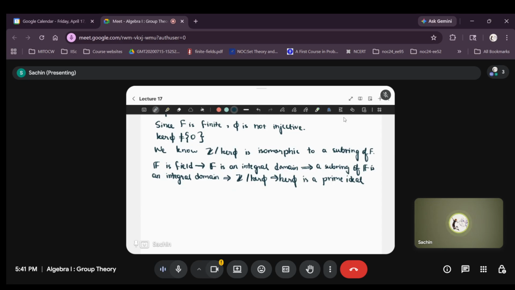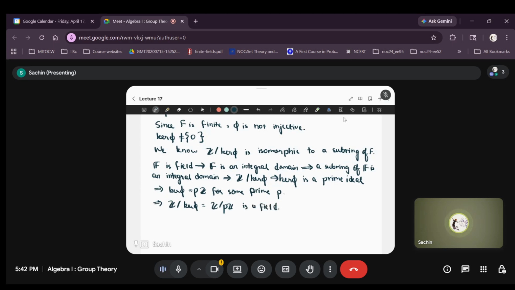All ideals of Z are of the form NZ. We have seen that. All prime ideals of Z are of the form PZ for some prime P. So since kernel P is a prime ideal, this would imply kernel P is PZ for some prime P. This would imply Z mod kernel P equals Z mod PZ for prime P, which is a field.